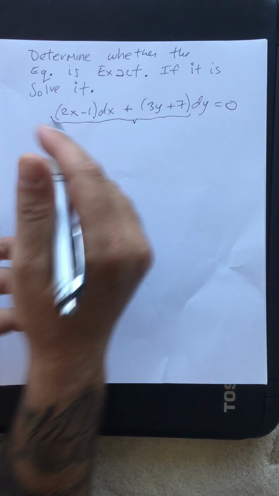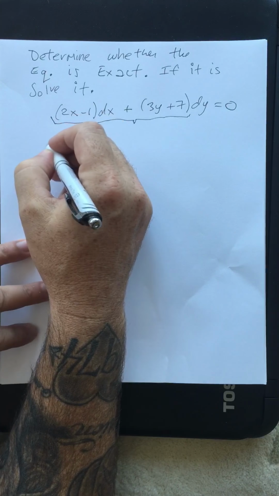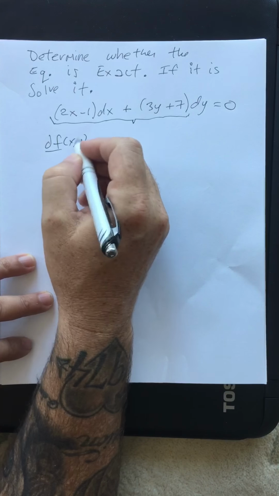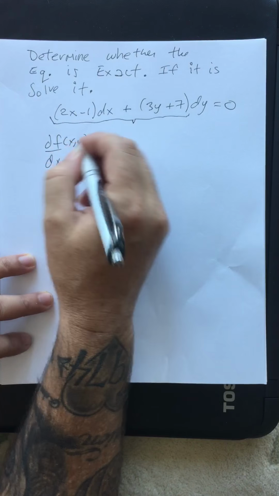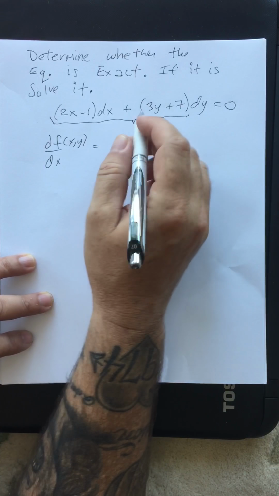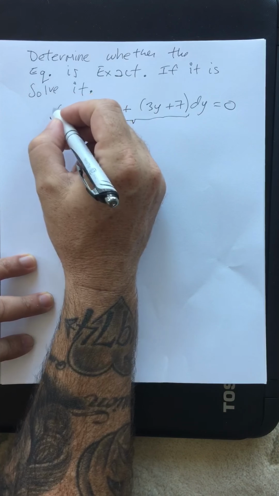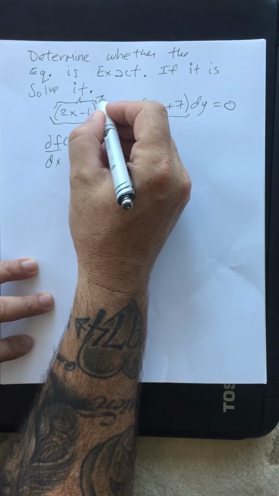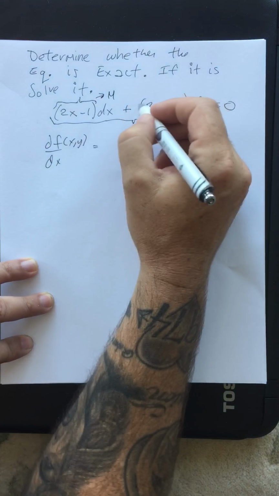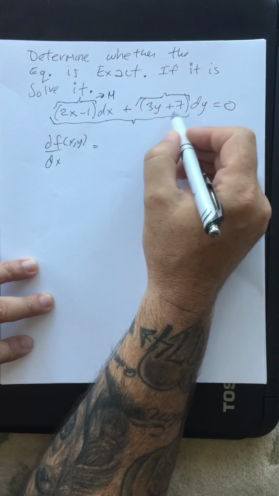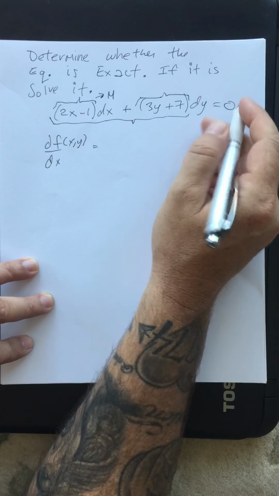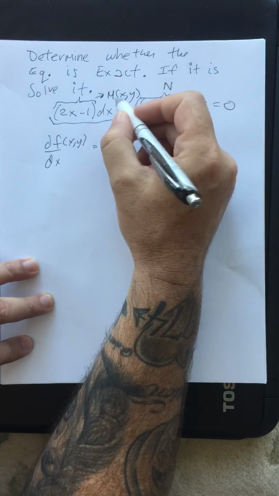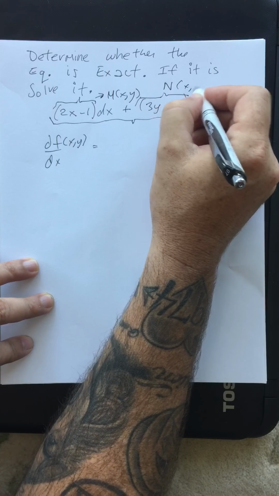Basically, we're looking for a function, some function of x, y, whose partial with respect to x is equal to M. This coefficient function here is conventionally termed M, and by convention, that which is associated with the dy is termed N. M is a function of x and y, and N is a function of x and y.